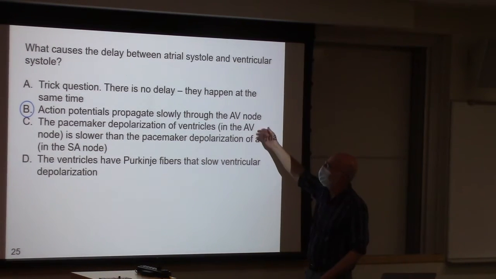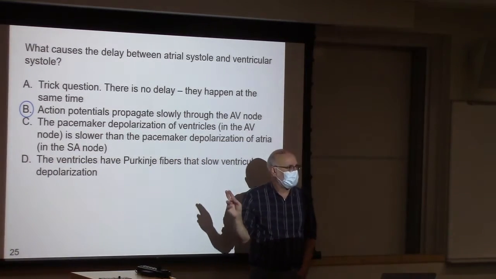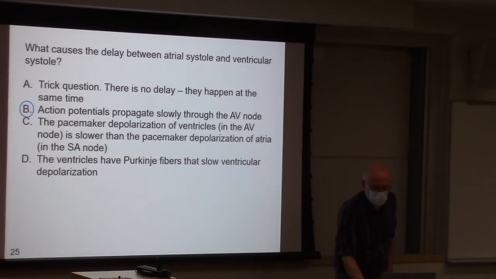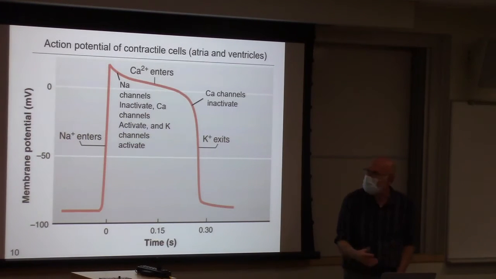So that's weird. There is no pacemaker depolarization of ventricles. If I think about the ventricles, I think about this, and there is no pacemaker depolarization of these. These cells are depolarized by their neighbors, and those are eventually depolarized by their neighbors. Eventually, it's all driven by the SA node.